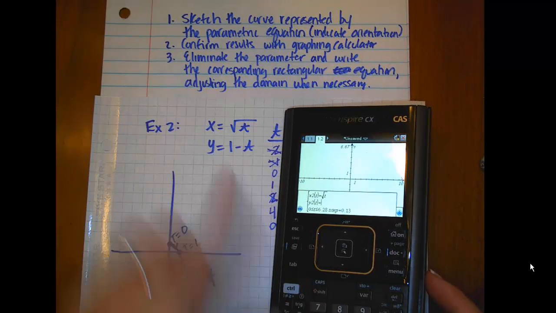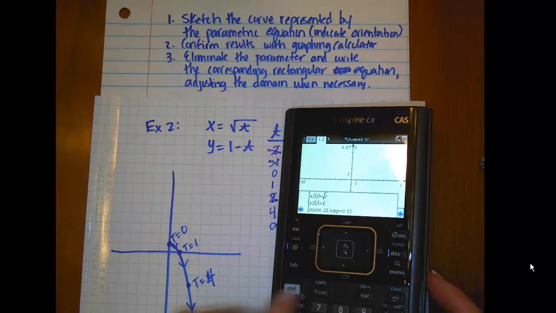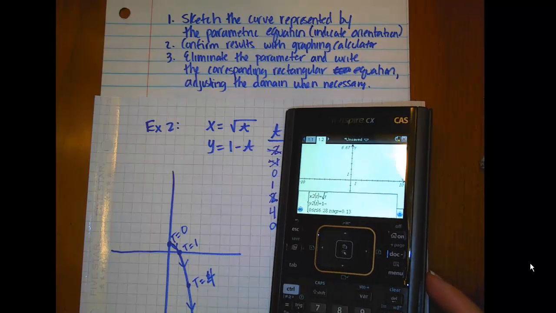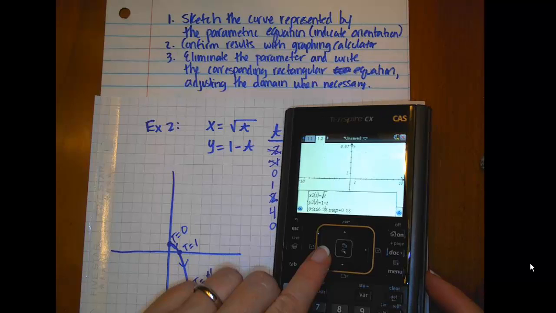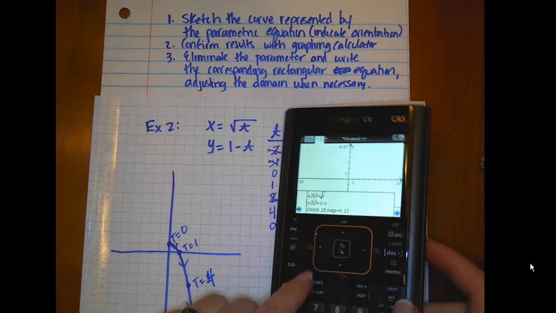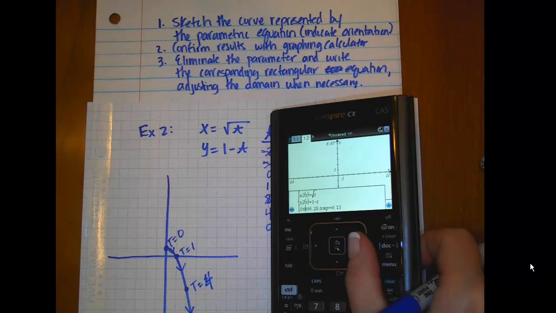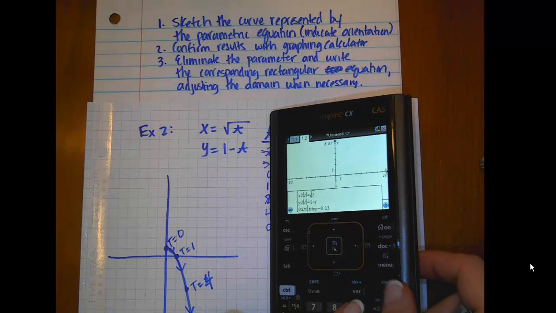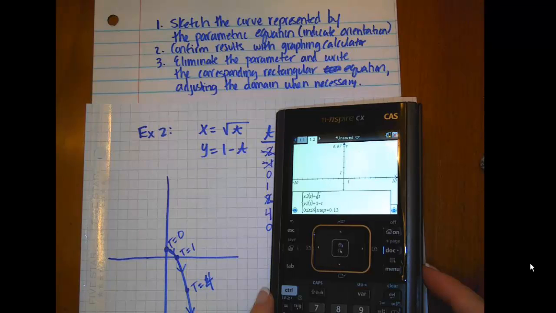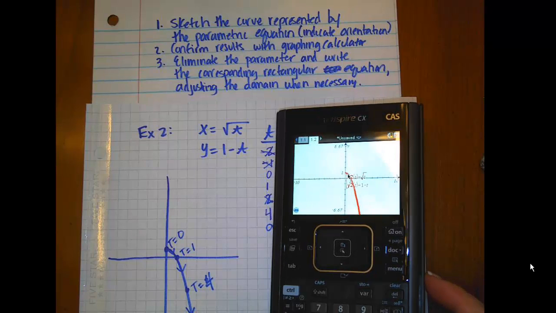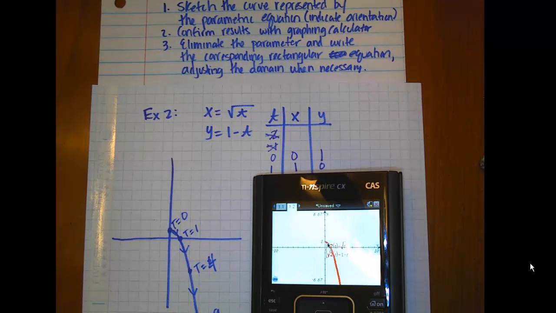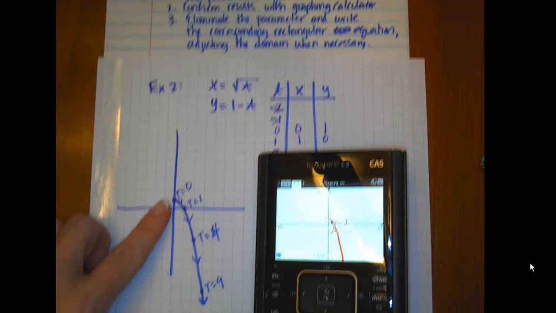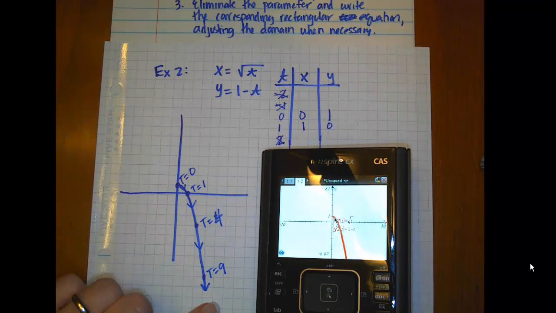My y is 1 minus t. And we put in values from 0 to 9, just so that we can verify our results. Again, I'm leaving the t-step as my default. And notice how I get a graph that is the exact same as the one that we got by hand.